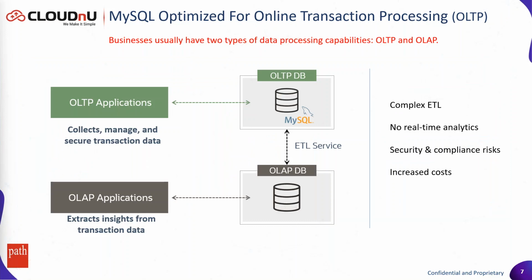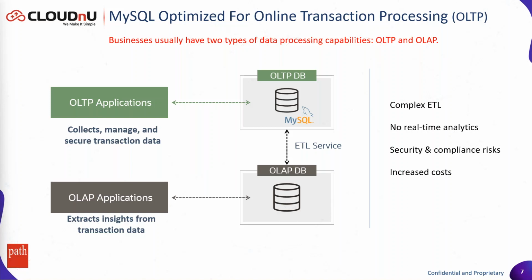Usually, businesses have 2 types of capabilities, OLTP and OLAP. And today, it's even more important for them to include machine learning. But let's talk about online transaction processing for a minute. Online transaction processing enables the real-time execution of large numbers of transactions by many people.